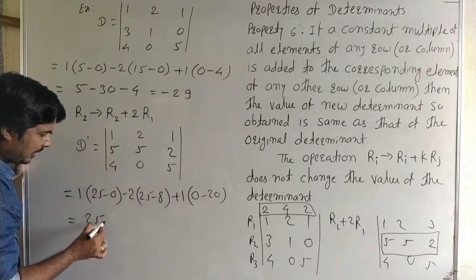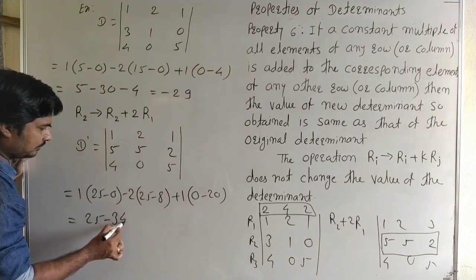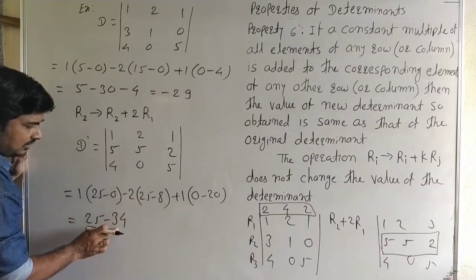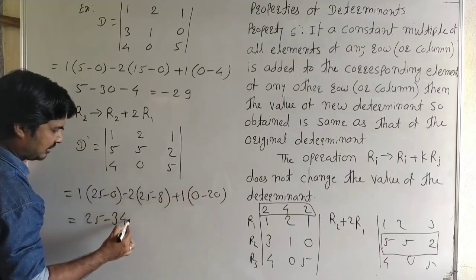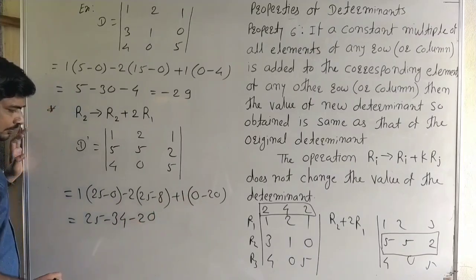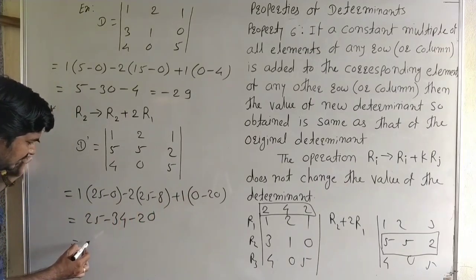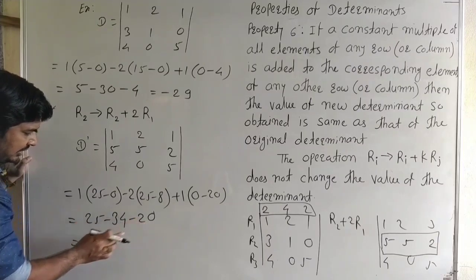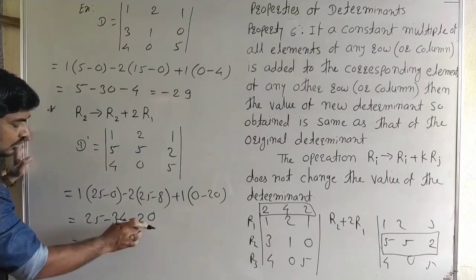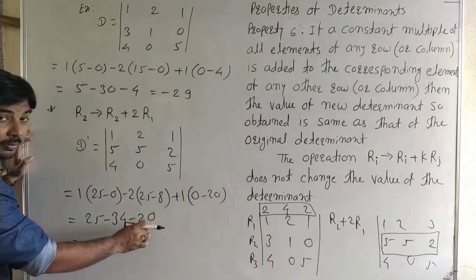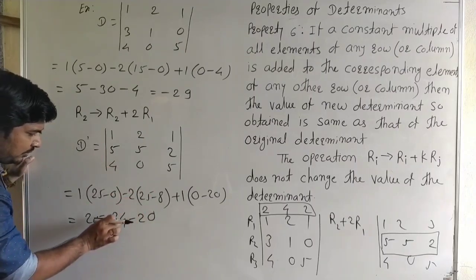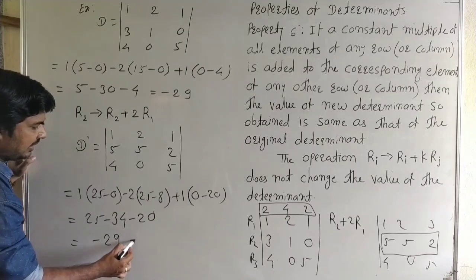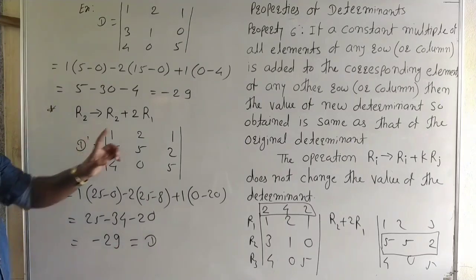And 17 into minus 2 is minus 34, and then minus 20. Now the calculation: 25 minus 20 is plus 5, and plus 5 minus 34 is minus 29. It is the original determinant, that is the value of the determinant.